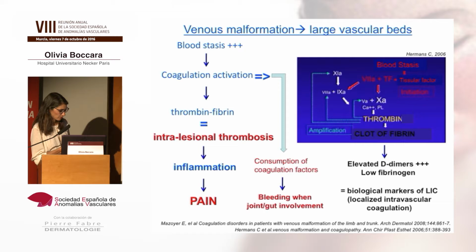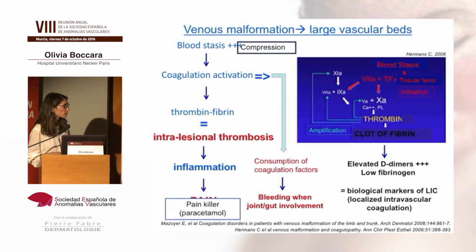If we come back to the scheme of the coagulation, what can we do? As I said, the first step and the cause of the symptoms is the blood stasis. So as you know, the first step of the treatment will be to give a compressive garment in order to reduce this blood stasis and to reduce the size of those large vascular beds. But sometimes and frequently it is not enough, and patients are still painful.